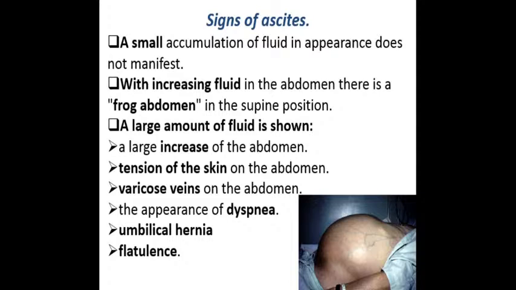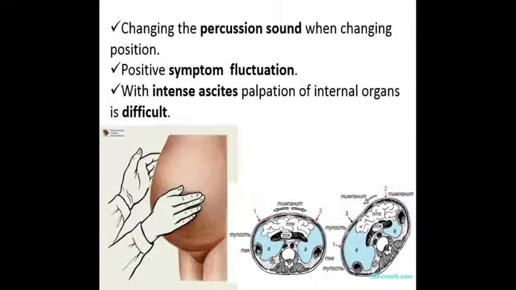Signs of ascites. A small accumulation of fluid does not manifest in appearance. With increased fluid in the abdomen, there is a frog abdomen in the supine position. A large amount of fluid is shown by a large increase of the abdomen, tension of the skin on the abdomen, varicose veins in the abdominal wall, the appearance of dyspnea, umbilical hernia, and flatulence.